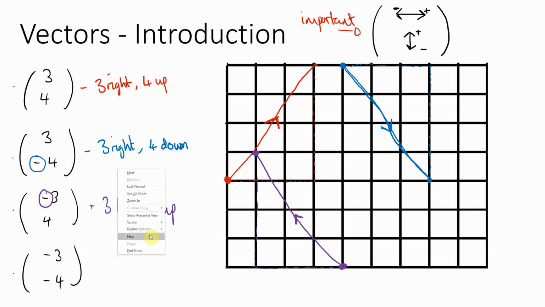And then the final one, we'll do this in green. This is going to be 3 left and 4 down. So I'll start this one here. 1, 2, 3, and 1, 2, 3, 4 down. We're going to end there.